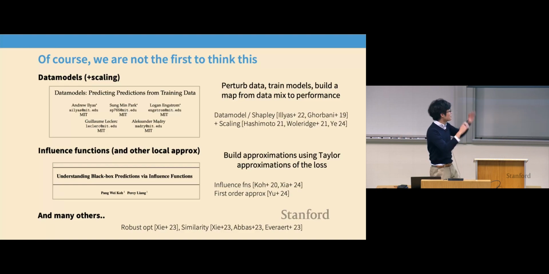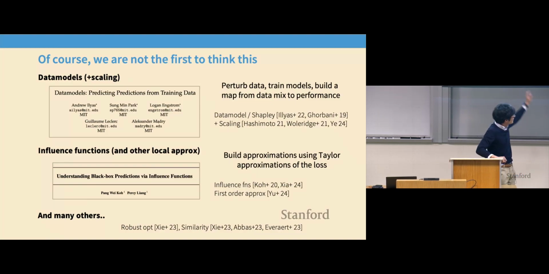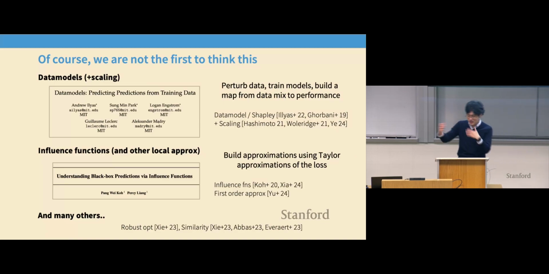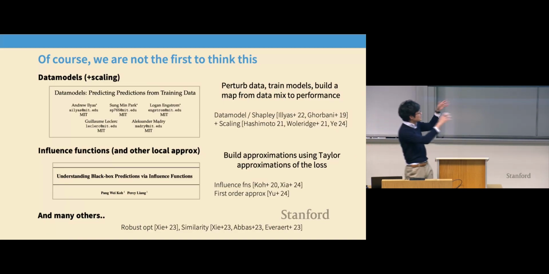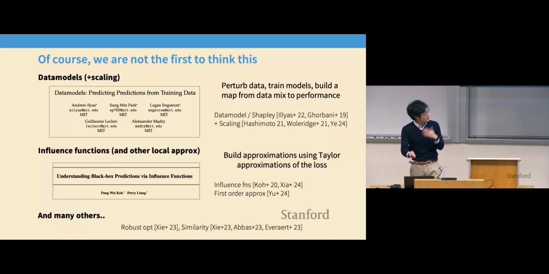I'm glossing over the details of the influence function style things, but you can just think of it as a Taylor approximation. There have been many others that try to use robust optimization or similarity, like n-gram overlap of data points. Basically, if you have an idea, probably someone's thought about something related to it, because this is a big community where everyone's tried all sorts of different things.